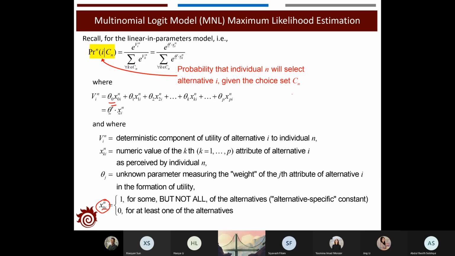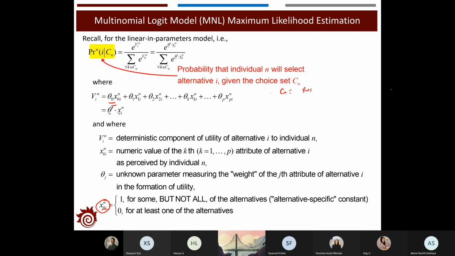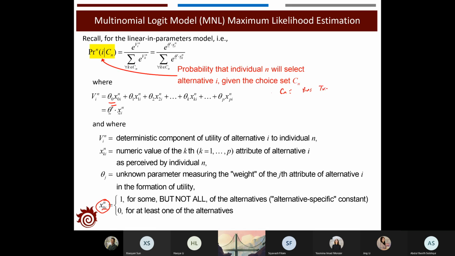Let me just consider the example with three different modes: the bus, train, and car.